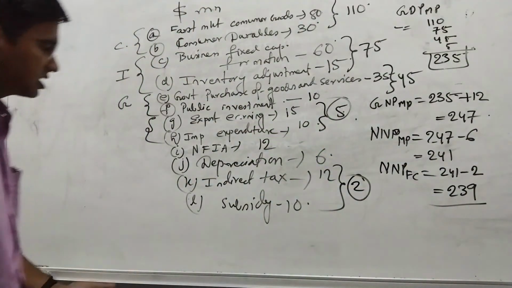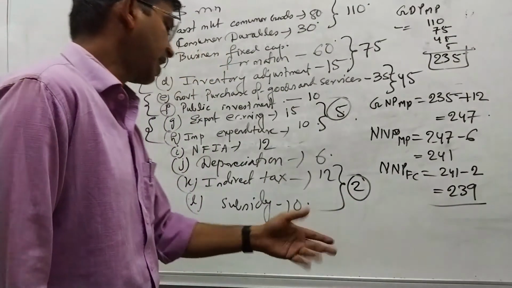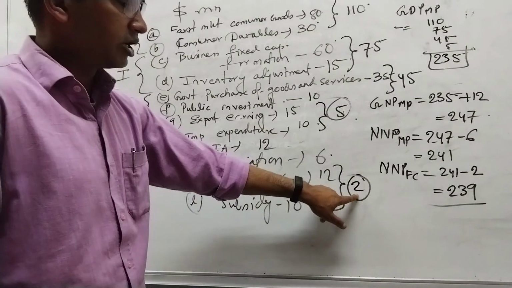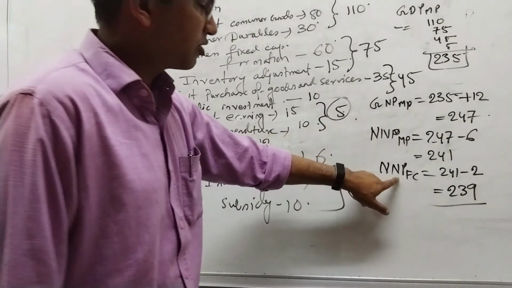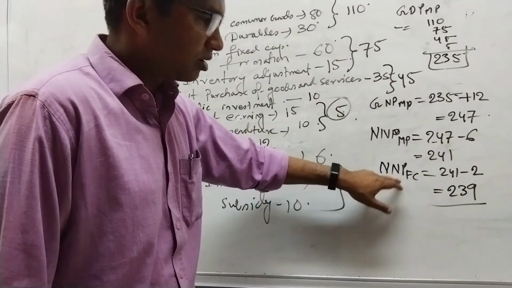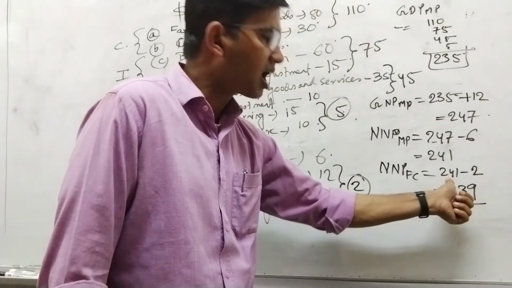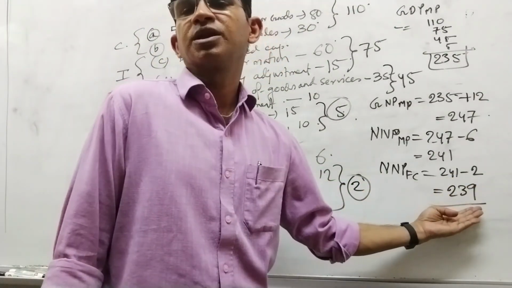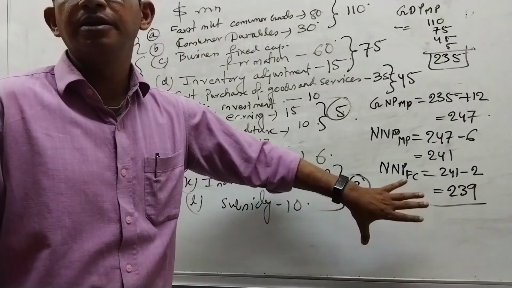And at the final stage, we will subtract the net indirect taxes. So net indirect tax 12, subsidy 10. So net indirect tax equals to indirect tax minus subsidy, 2. So we will get NNPFC by subtracting net indirect taxes from the net national product at market price. So in this case, the national income from the given data is $239 million.